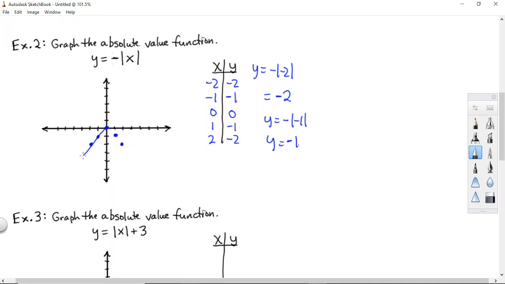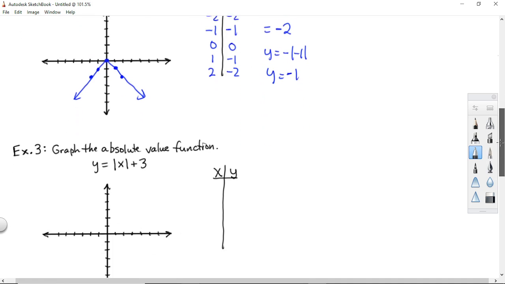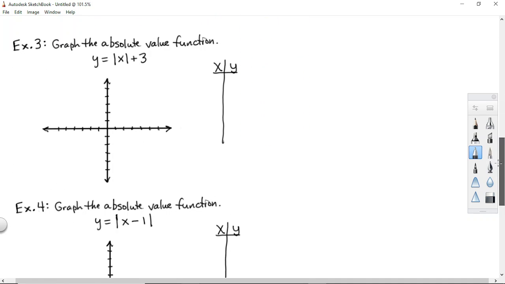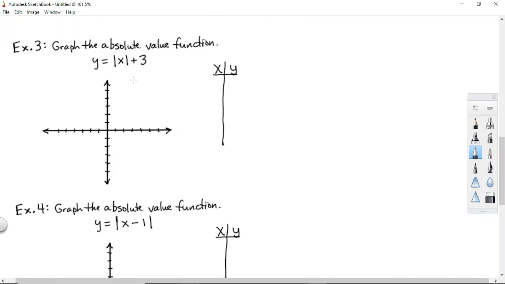It's going to keep going in that direction. It's going to keep going in that direction. Okay. Let's look at the next one. Graph this absolute value function: the absolute value of x and then plus 3. Okay, we can use those same points.